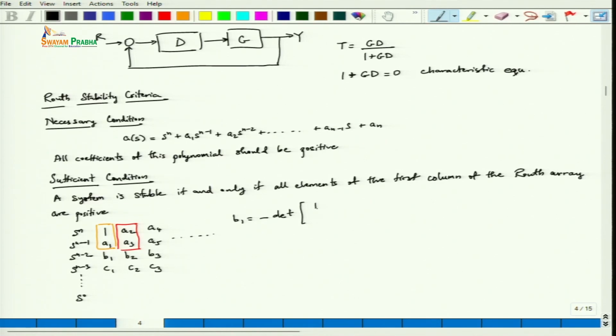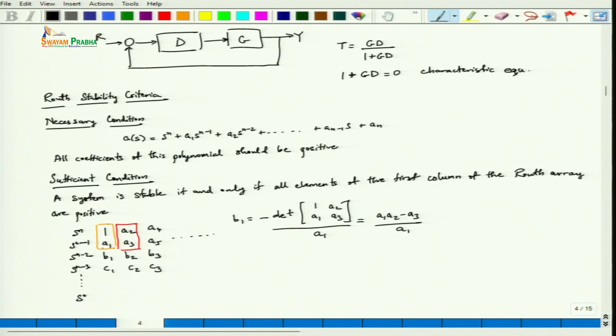So we'll get 1, a1, a2, a3, and we'll divide this whole thing by the coefficient here, that is a1. So this will be basically a1 a2 minus a3 divided by a1.